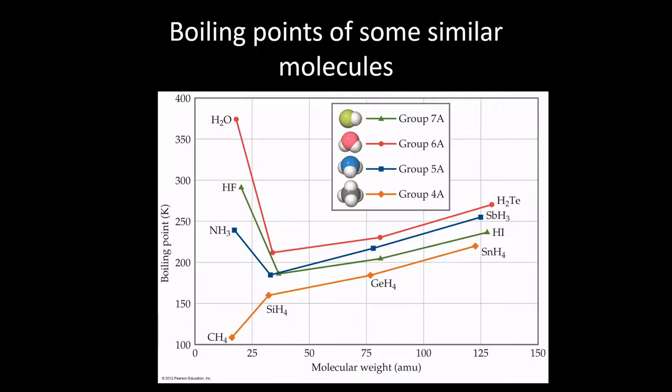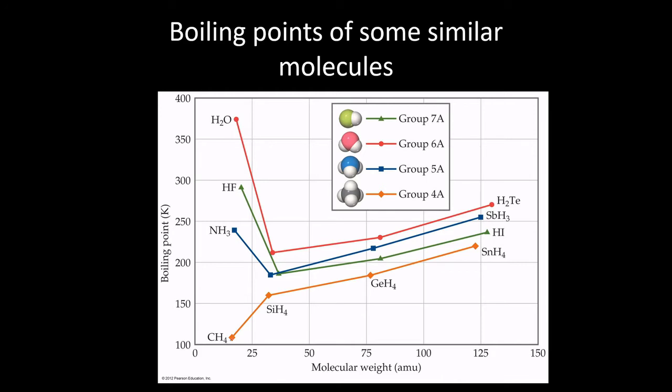So if we look at this table of the hydride form of all the different elements here, this is just the elements from one section of the periodic table bonded to hydrogen.